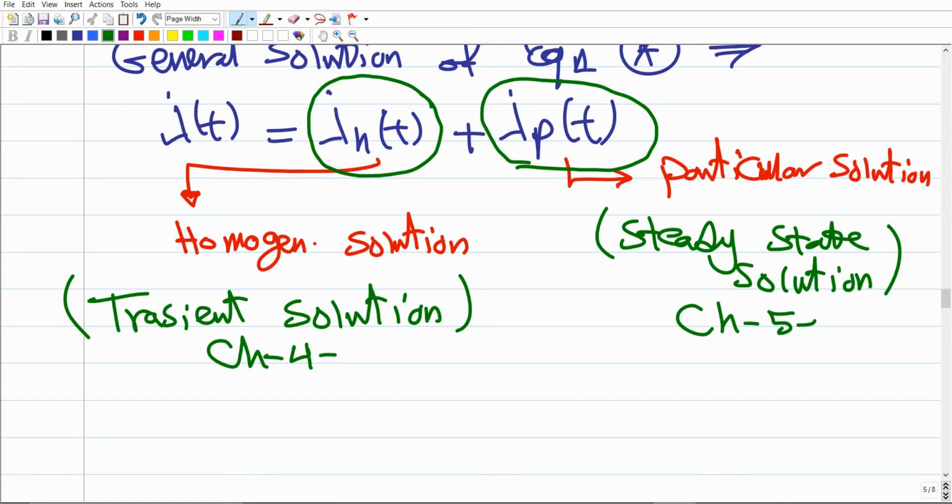Mathematically speaking, we name them the particular solution and the homogeneous solution. But on the application side, whether mechanical or electrical engineering, since we are working with electrical circuits, the homogeneous solution is the transient solution, the solution needed to study the transient behavior of the circuit.